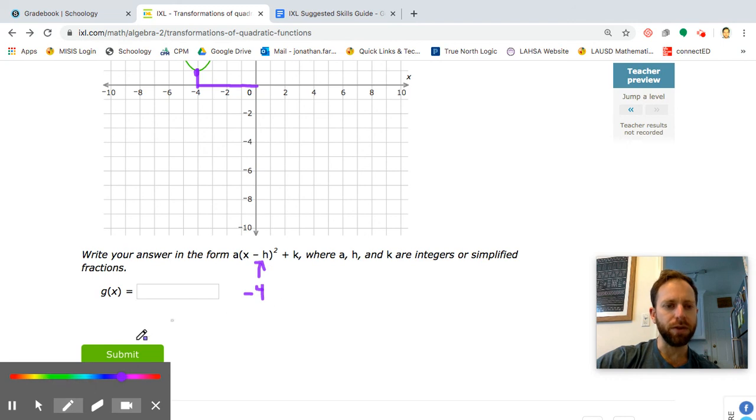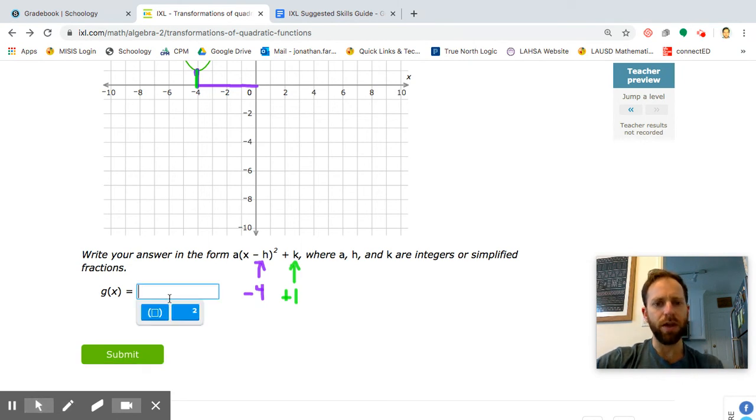And then we're also going up 1, right? We went up 1, so that affects the k value. We moved up plus 1. So let's go ahead and plug everything in that we have. We have parentheses x. Let's see, a -4 would be +4 squared plus 1.